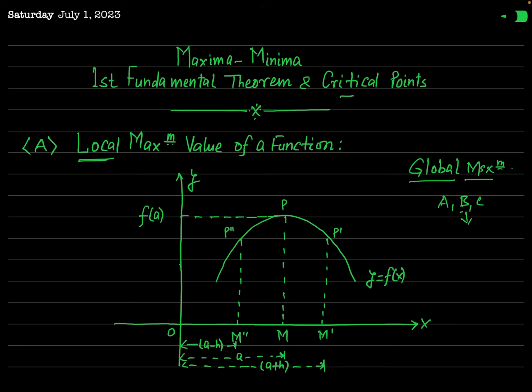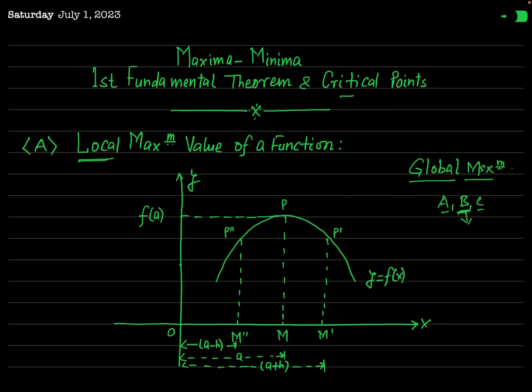It means the age of B is greater than A and C. So here the age of B will be larger in comparison to A and C. But when we compare the age of B with the age of the whole population of this world, can you say that the age of B will be the largest age? No. So global maximum and local maximum are entirely two different things.